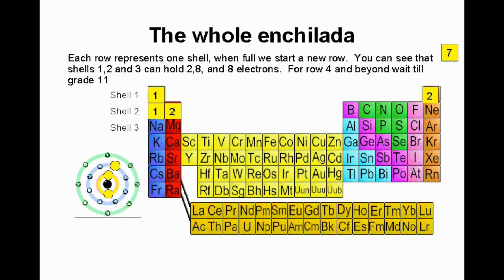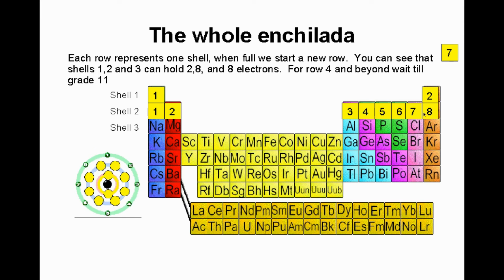Then beryllium comes in, and we have 2 on the outer wall, for a total of 4. 3 on the outer wall, for a total of 5. 4 on the outer wall, for a total of 6. Isn't that cool? This is like days of work it took me to do this.